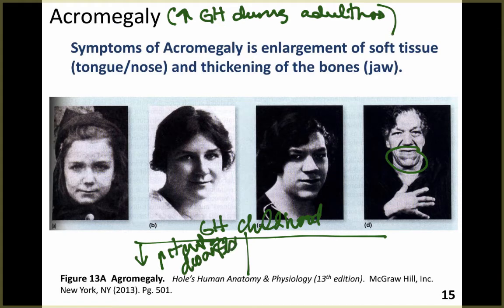And this is a very small stature and structure. And then if you get too much growth hormone during childhood, you get giantism. So dwarfism or giantism is something that happens because you're getting growth hormone during those times for which your bones are getting longer.